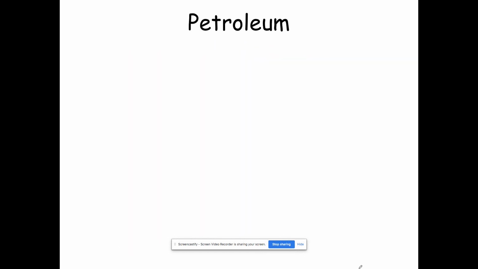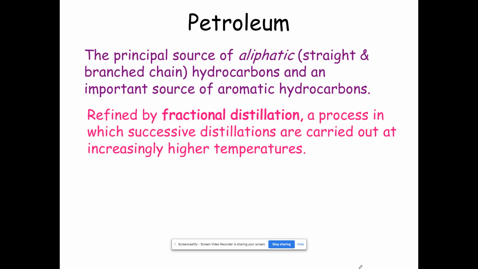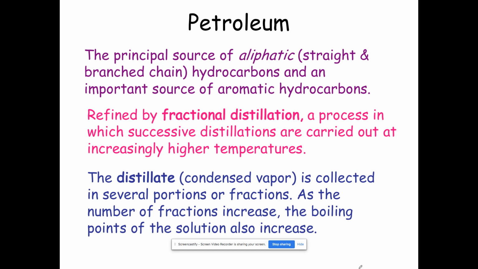Petroleum. I don't know that it's on the Regents necessarily anymore, but I'm just going to go with it. So petroleum, this is stuff we dig up from the ground, and it's not quite gasoline at this point.